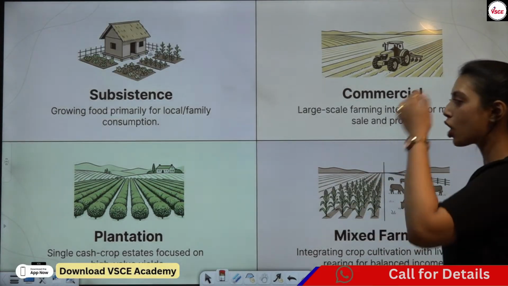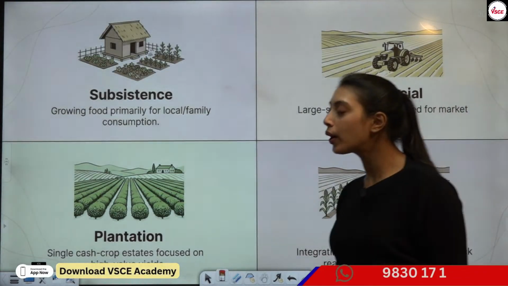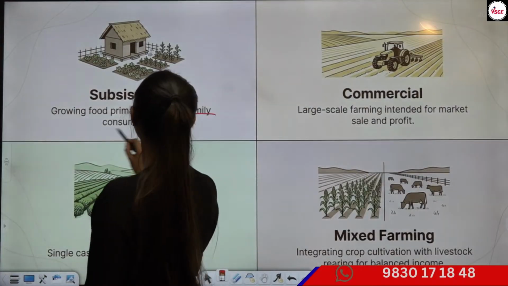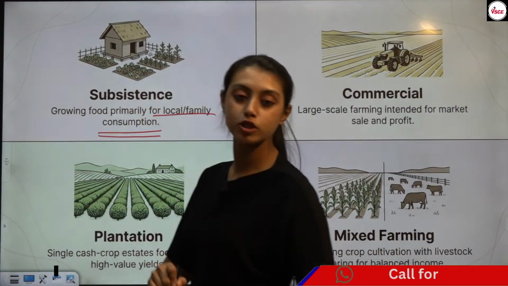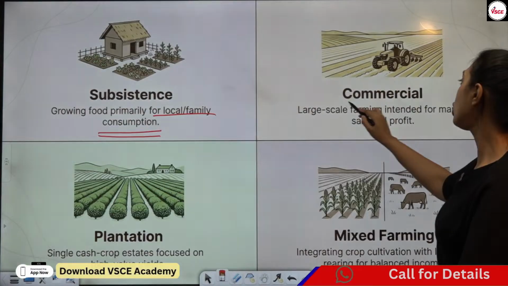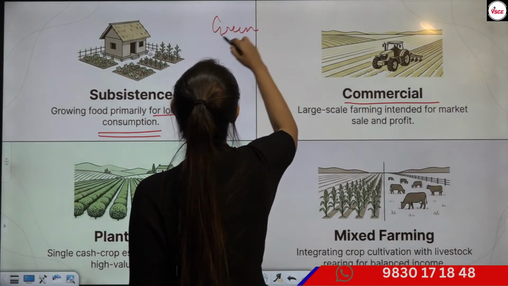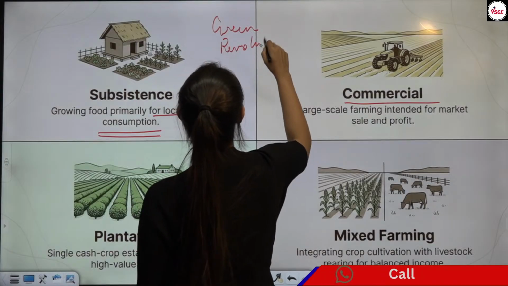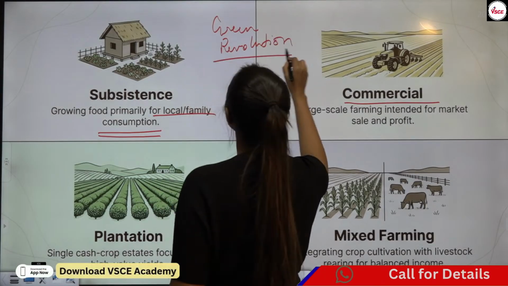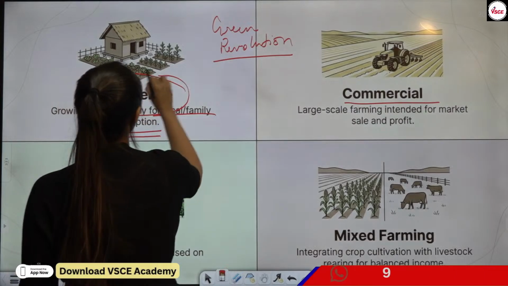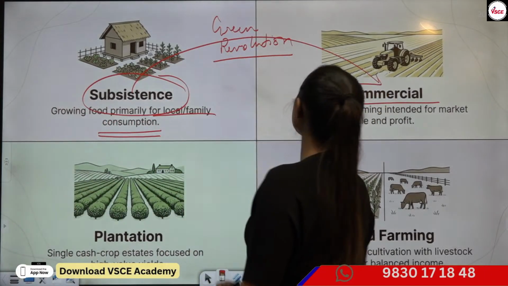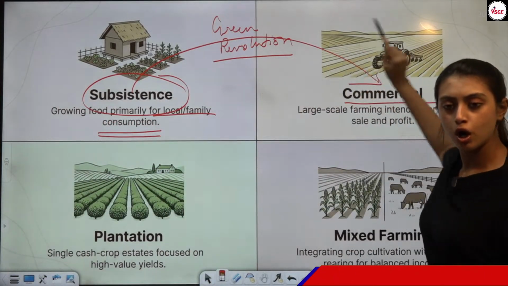Okay. Let's talk about subsistence, that is growing food primarily for local and family consumption, which I was talking about, and commercial. What is this? The impact of the Green Revolution, where we are going from subsistence to commercial, right?